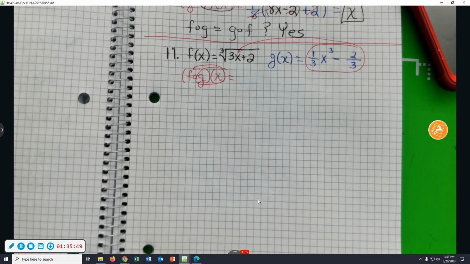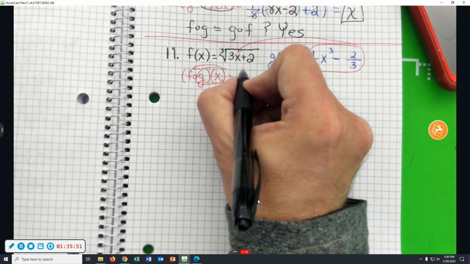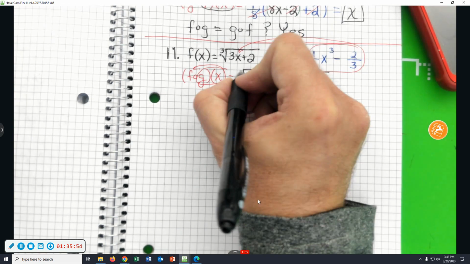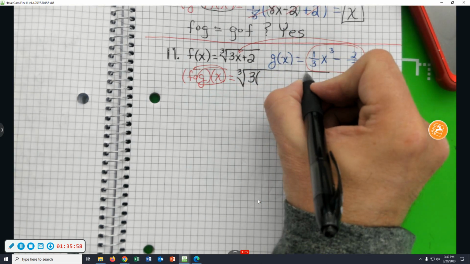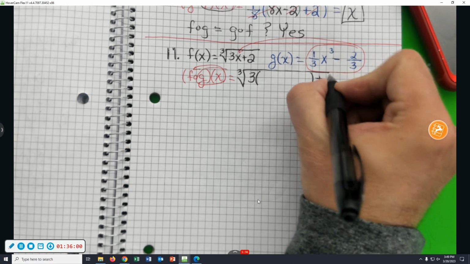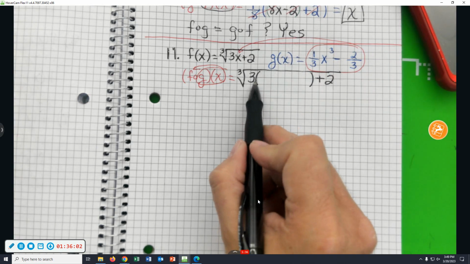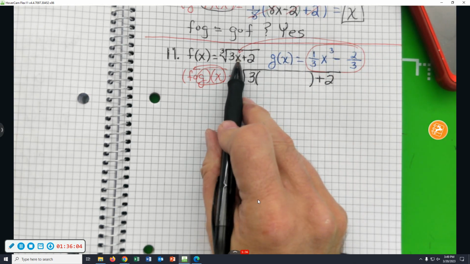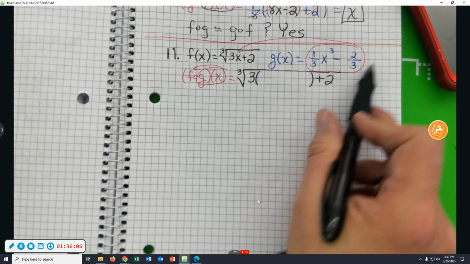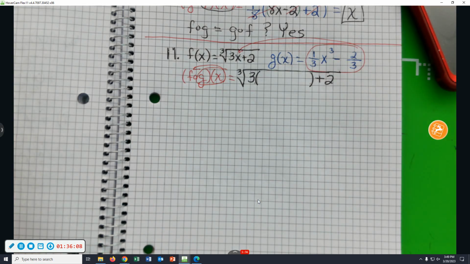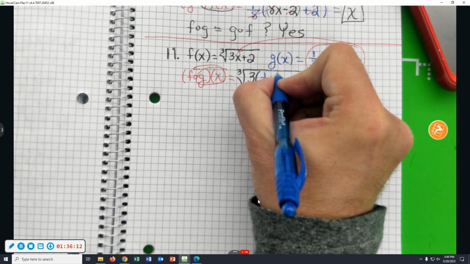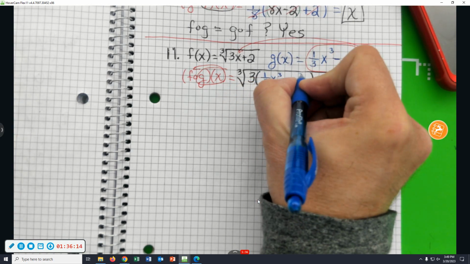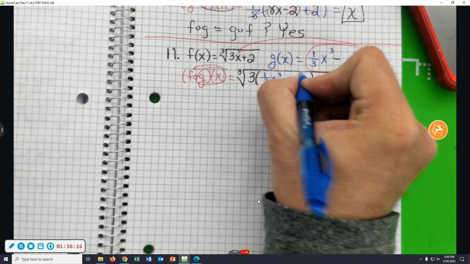It's going to look messy. Cube root 3. I'm going to put some big parentheses in place of the x. The black x, I'm going to put all of this stuff in there. So that's the blue 1/3 x to the third minus 2/3.